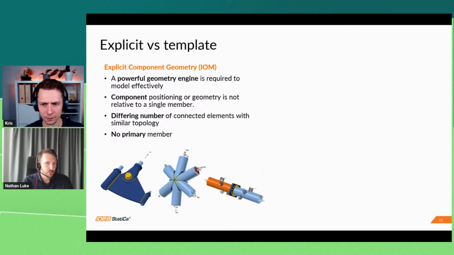Also, if you've got a differing number of elements in that connection, but the logic is the same, that's the power of Grasshopper. That's where you might want to use IOM to generate the whole connection in space.